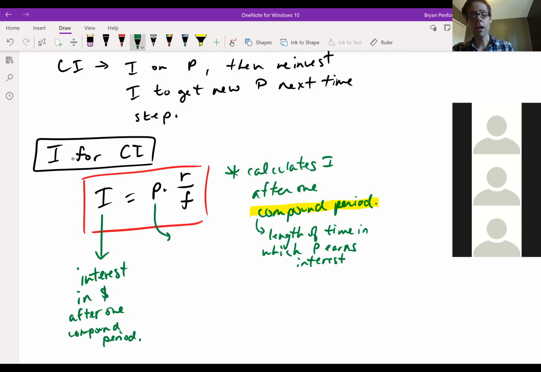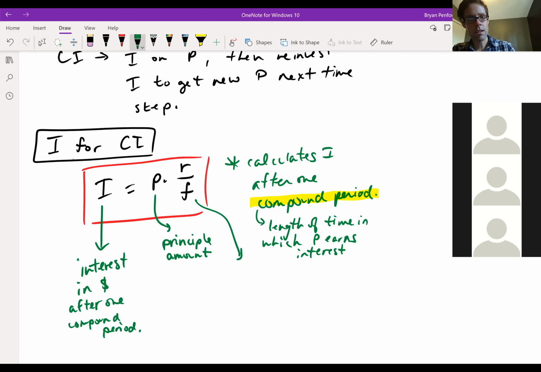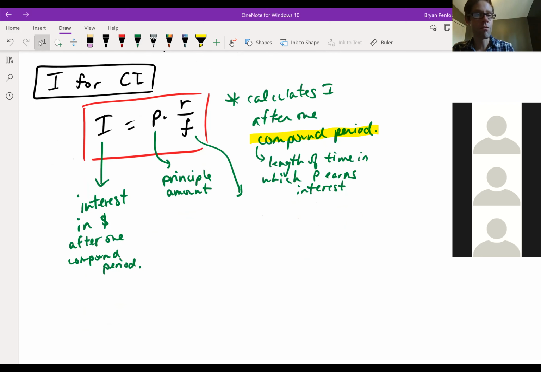Okay, P still stands for our initial investment or our principal amount. And then we have this fraction that we're multiplying by. This fraction is often called the periodic interest rate, or it's the yearly rate divided by a frequency number.